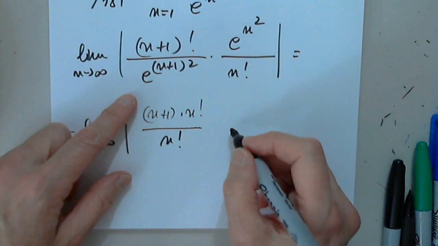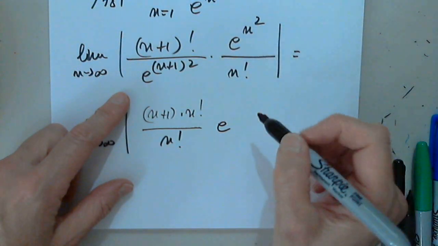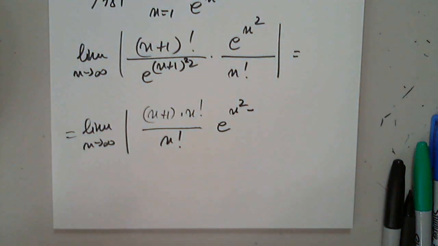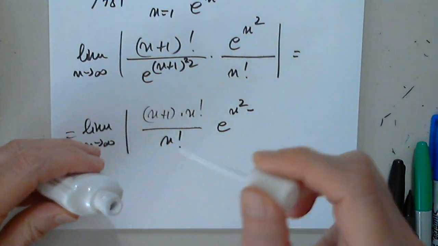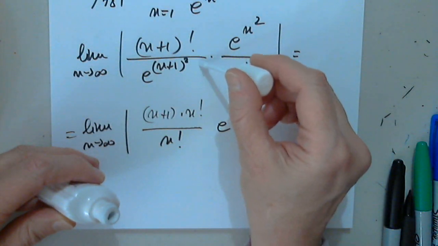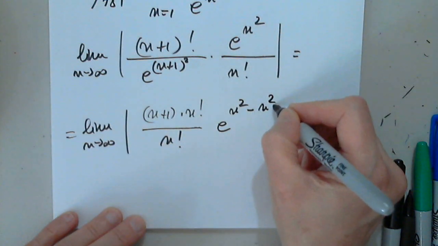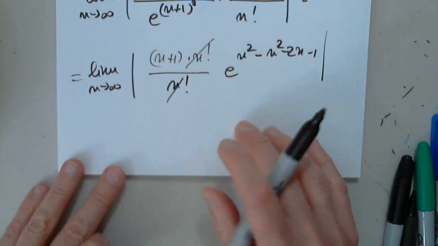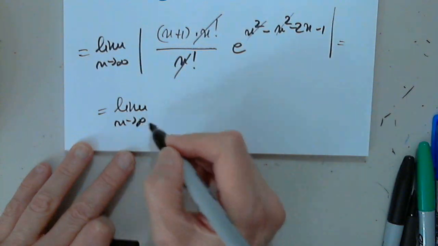Here we have e to the n squared minus, when we square this, careful, I didn't write it clearly here. Let me make sure that this is super clear. Okay, so n squared minus 2n minus 1. So this is the limit as n approaches infinity.